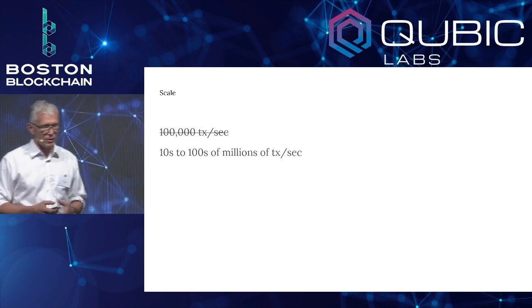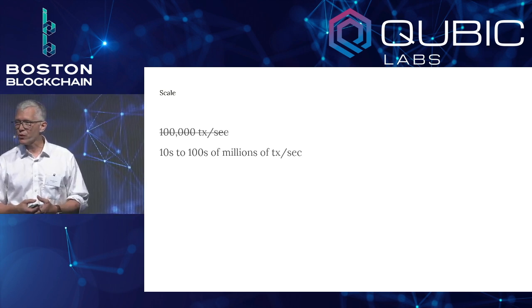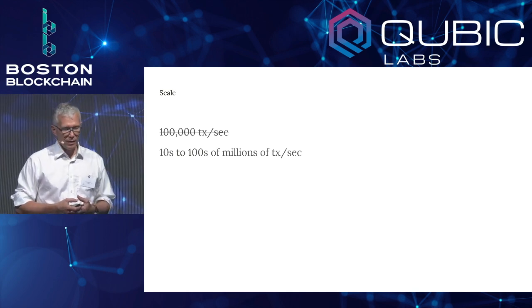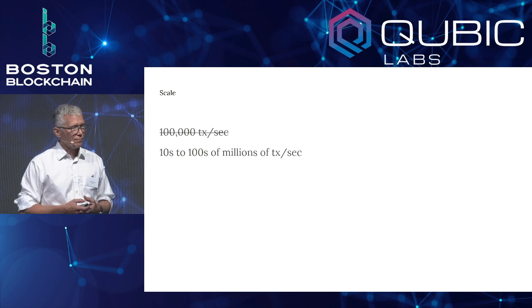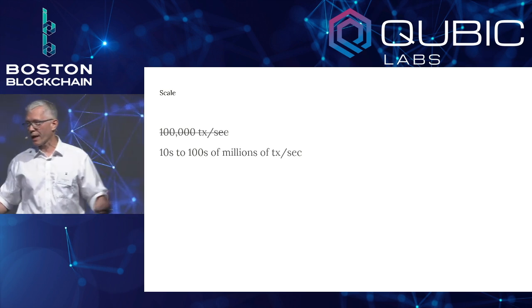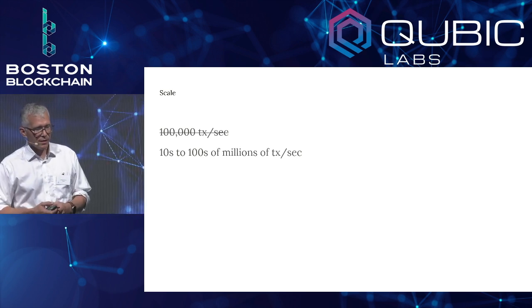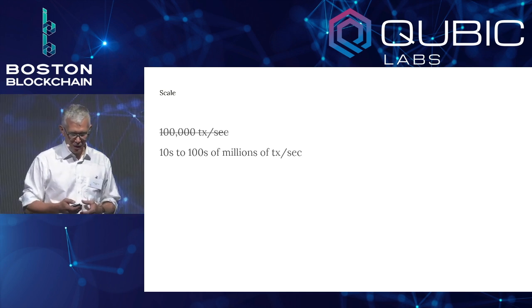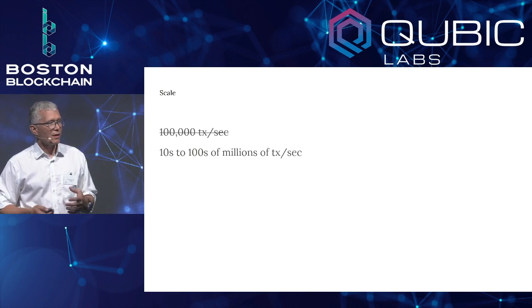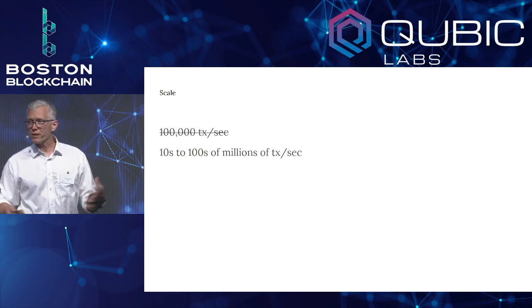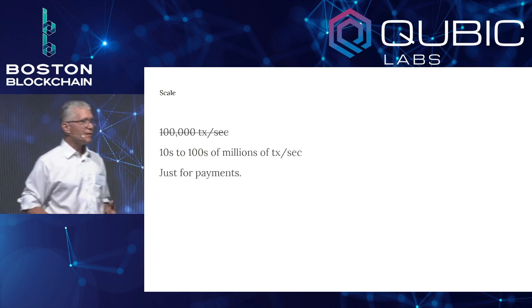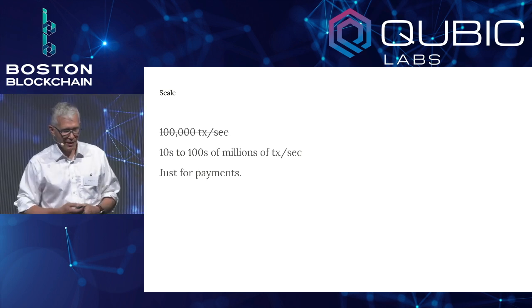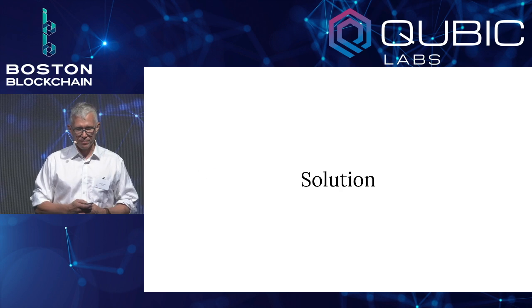If you could pay a penny to read a web page without ads, you might do that, and you do that a lot more than buying coffee. You can imagine IoT devices with accounts, et cetera. You get the idea. Basically, tens to hundreds of millions of transactions per second are really what the world is going to need, right? And again, that's just payments. There are many other things you can do. We can get into that later.